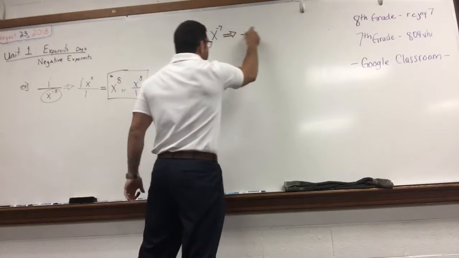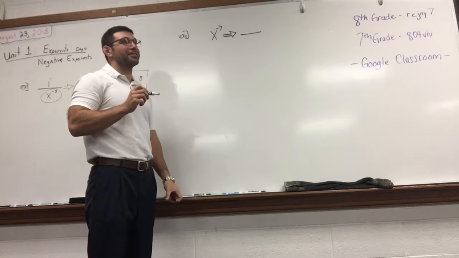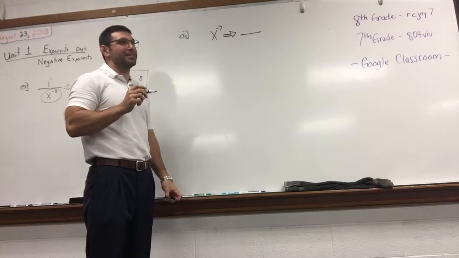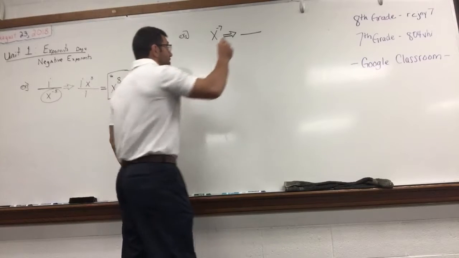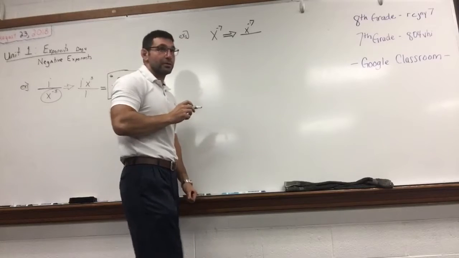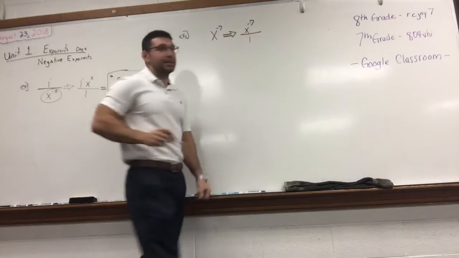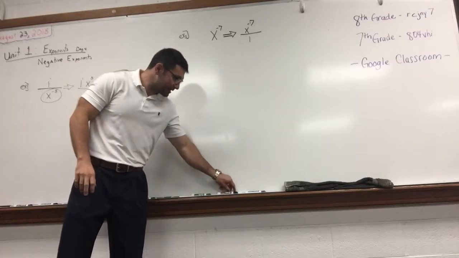Because it needs to be a fraction. 1 under. What do we call that under? Starts with a D. Very good. The denominator. X to the negative 7 stays in the numerator. The denominator is 1. Make sure everything has an exponent.